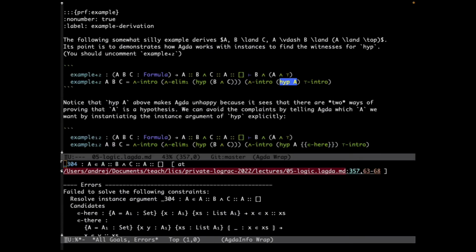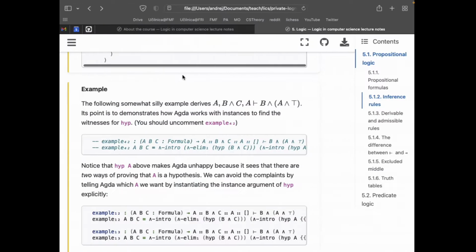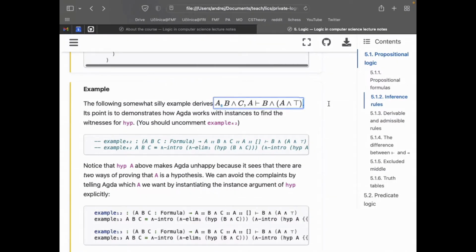So what does this example say? If my hypotheses are A, B, and C, and another A, and then I want to prove something, it doesn't really matter what. The important thing is that there are two A's.